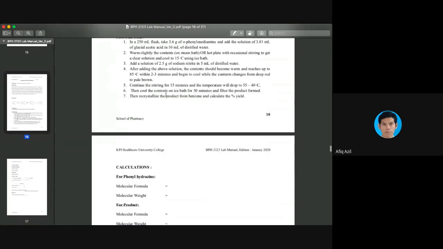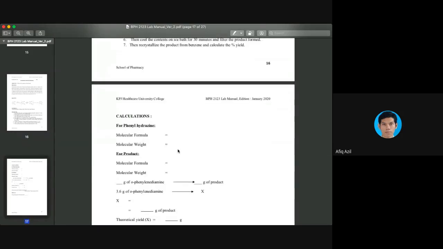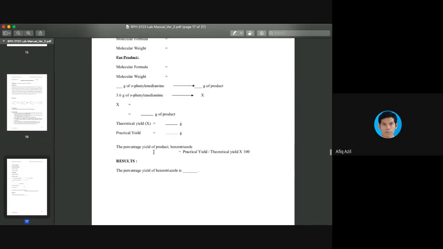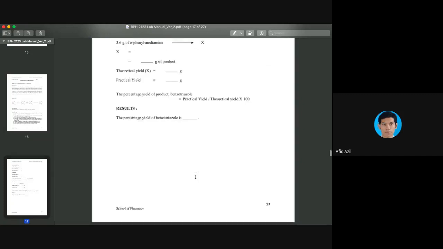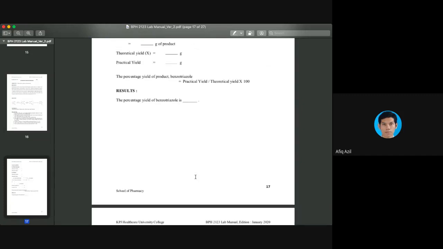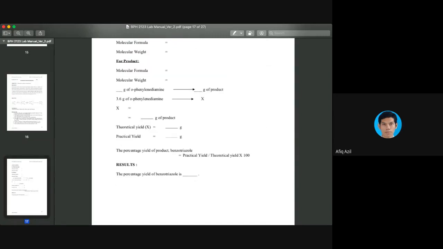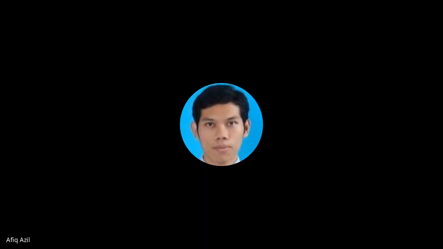So the calculation is also the same. I'm going to give you the two raw data needed, which are the weight of the orthophenylenediamine and also the practical yield of the product formed, so that you can calculate the percentage yield of the benzotriazole. So we're going to see the reaction.